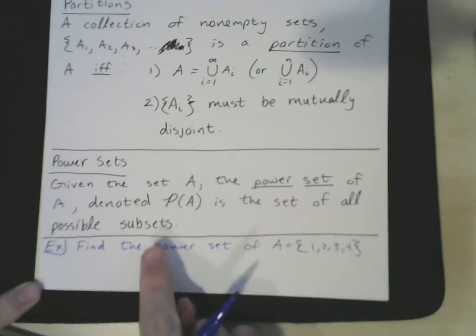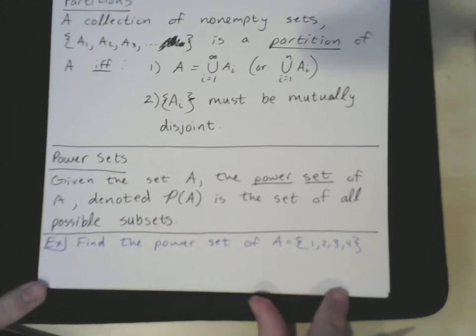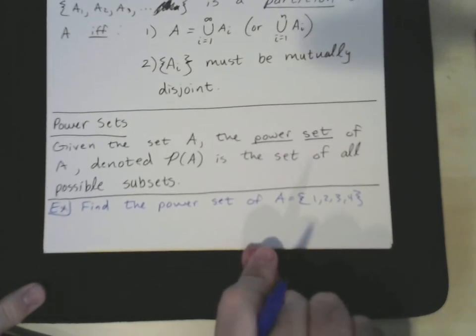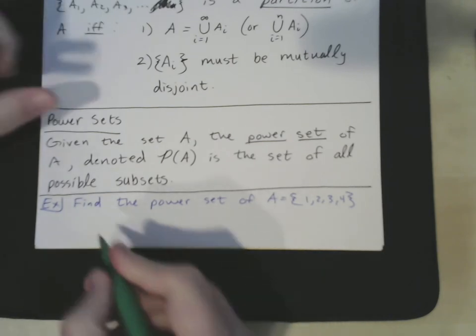Your items in the power set, this is a set of sets, so all of your items inside the power set require a curly brace. Now, I want you to actually work this out and try. So I'll get you started.